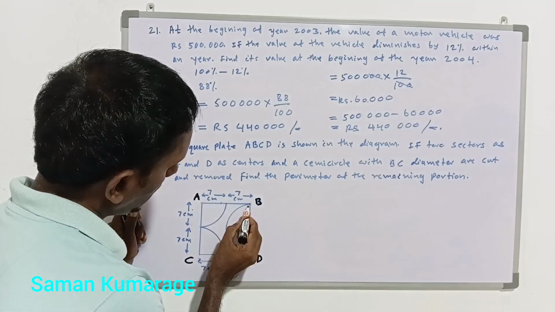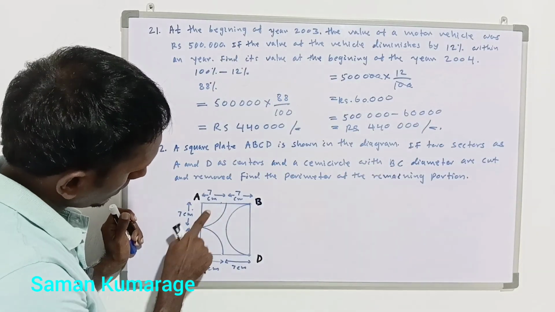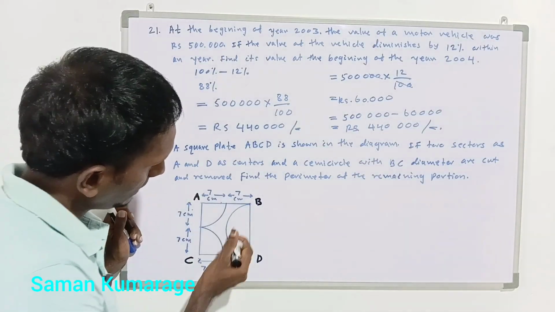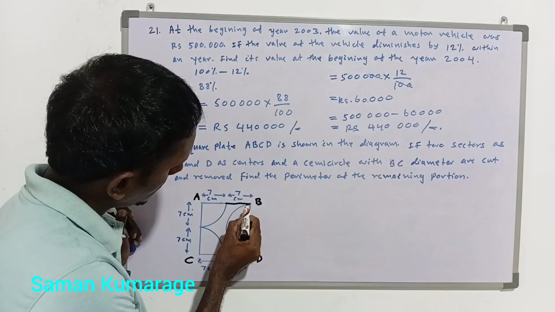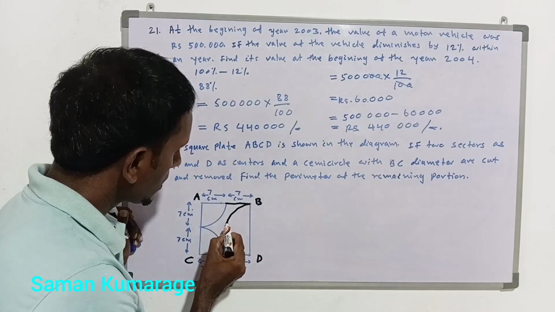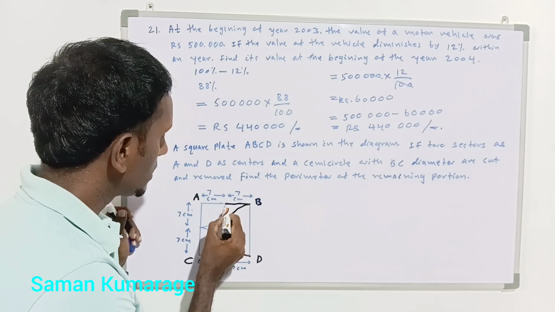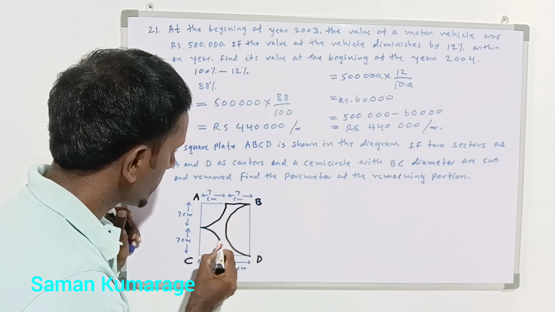If you remove this semicircle and two sectors from this plate, this will be the remaining portion.